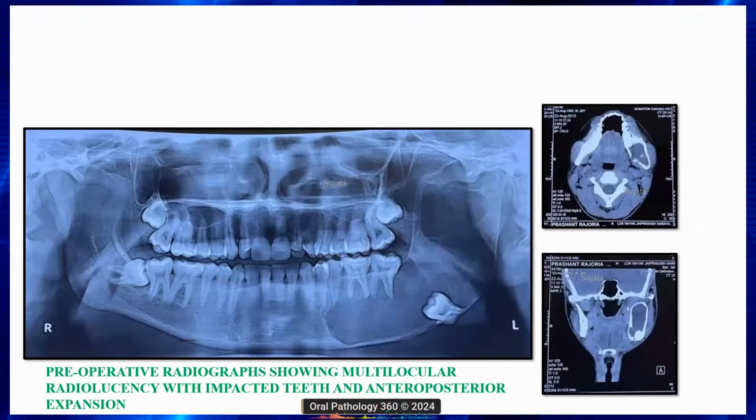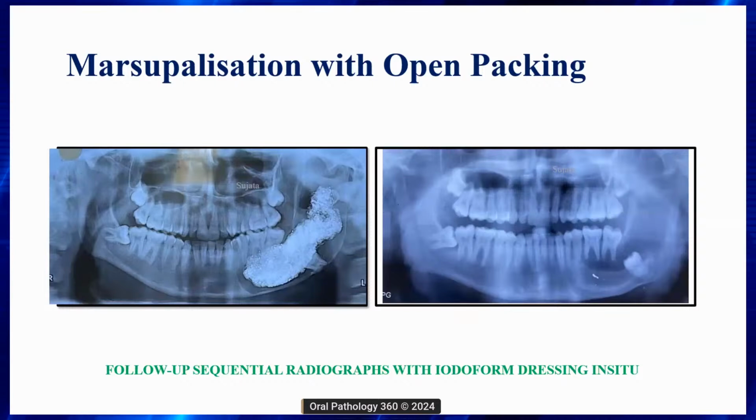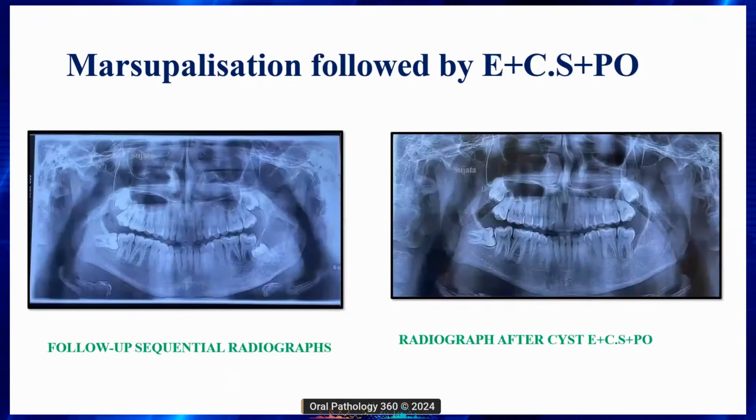Another case where the radiograph showed a multilocular radiolucency with an impacted tooth at the lower border and anteroposterior expansion. There is mild buccolingual expansion as well, but there was no perforation. So this patient was treated with marsupialization and open packing initially with iodoform gauze pack, and serial radiographs were taken at 6 monthly intervals.